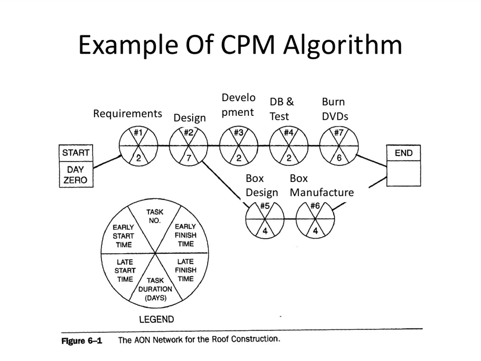And in general, when you have 2 paths coming together, a merge point, a join point, you're going to be taking the maximum of the early finishes of the things that come together there to get the early start of that resulting node.